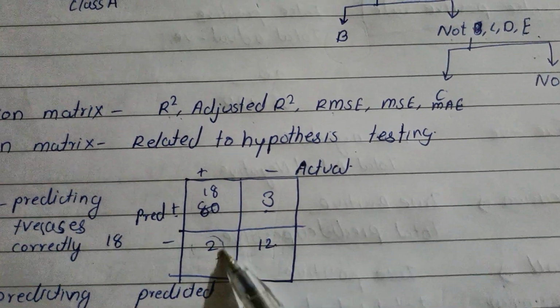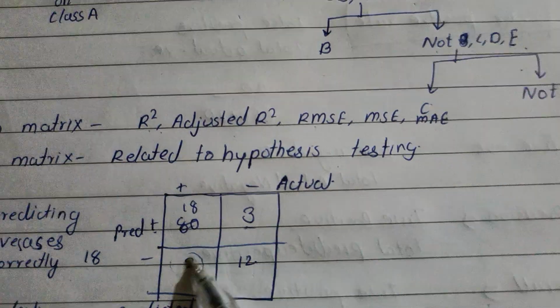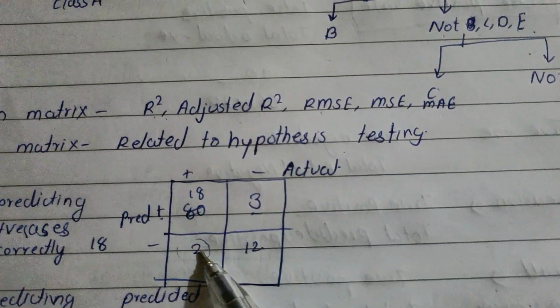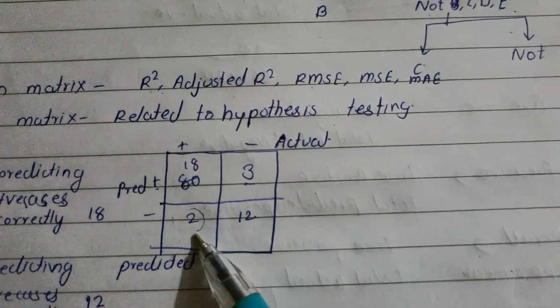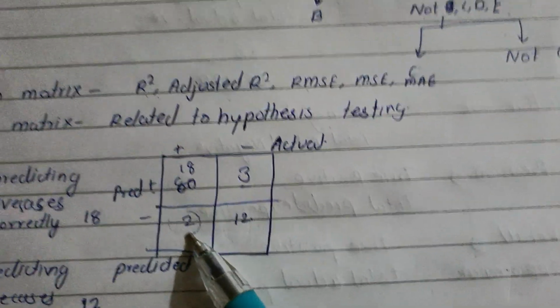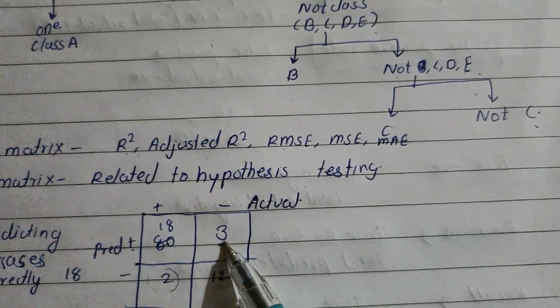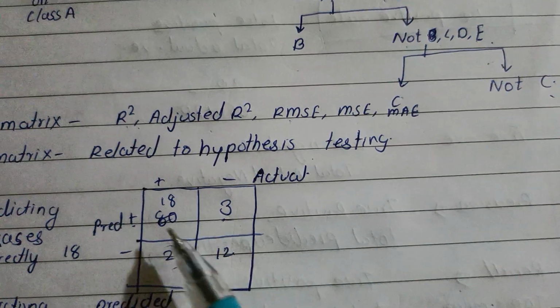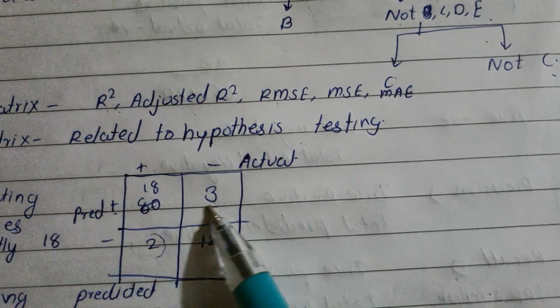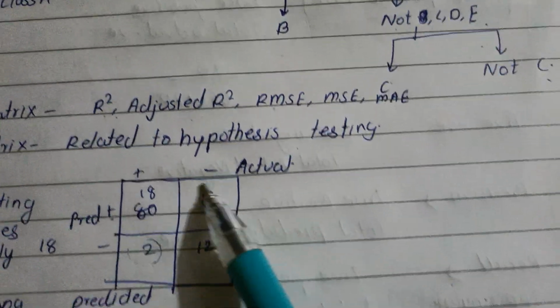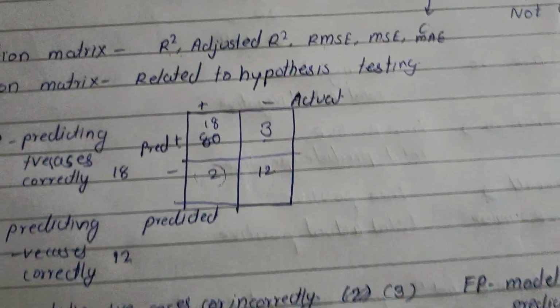Now predicted as negative but actually positive, that is basically a false negative, and that comes under these two cases. And 3 cases are predicted as positive but actually negative. So those are my false positive cases. So this is the confusion matrix.